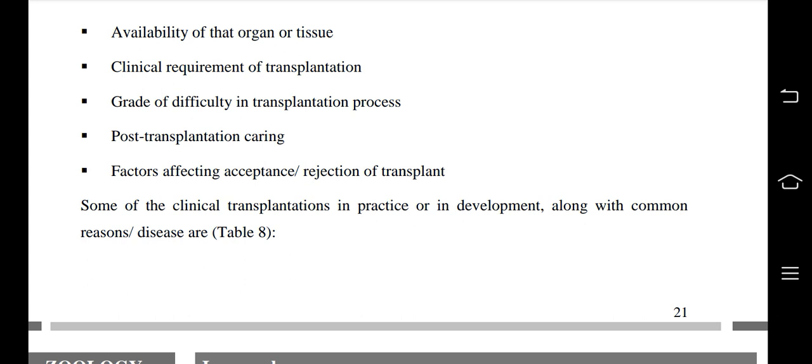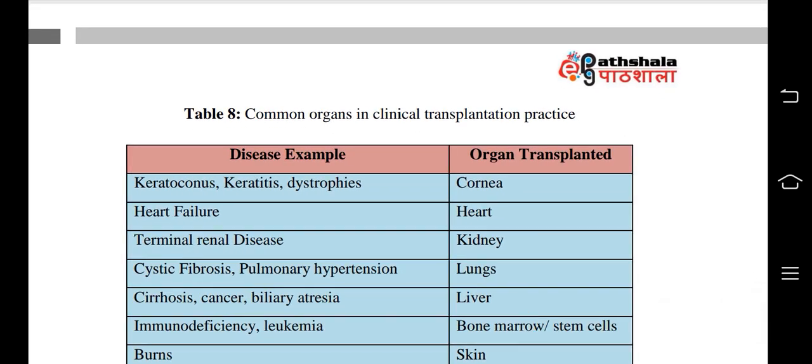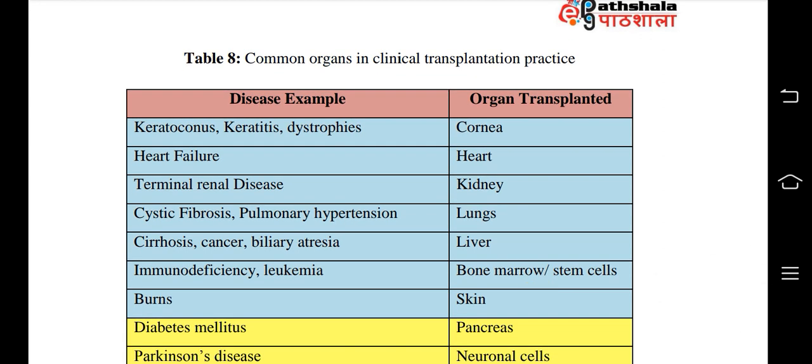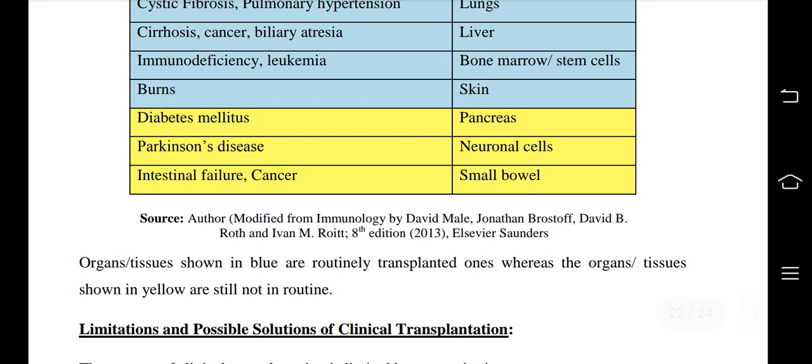Some of the clinical transplantations in practice or in development, along with common reasons, are, here we could see keratoconus, keratitis, dystrophies in case of cornea, heart failure in heart, terminal renal disease in kidney, cystic fibrosis, pulmonary hypertension in lungs, cirrhosis, cancer, biliary atresia in liver, immunodeficiency, leukemia in bone marrow stem cells, burns in skin, diabetes mellitus in pancreas, Parkinson's disease in neuronal cells, intestinal failure, cancer, small bowel.